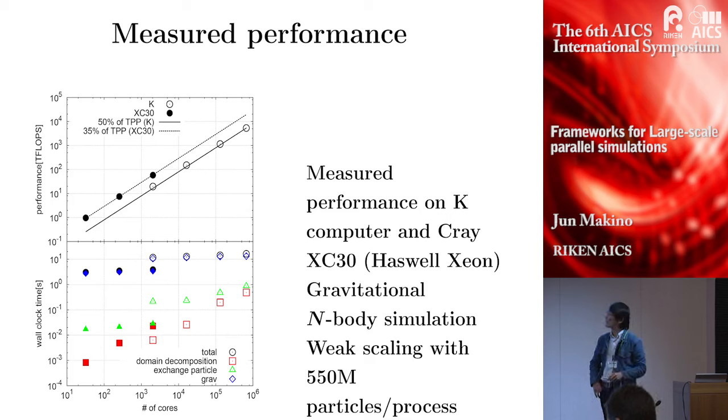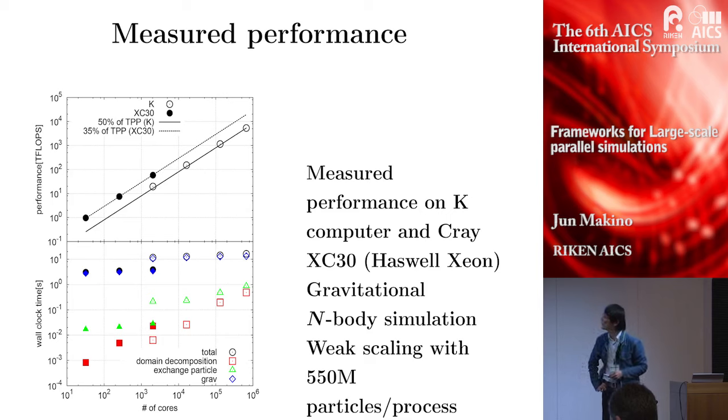And here is the number of cores. And so, of course, the Haswell core is faster than the Venus core of the K computer, but of course the total machine size is much bigger, and we can get much higher total speed on the K computer.